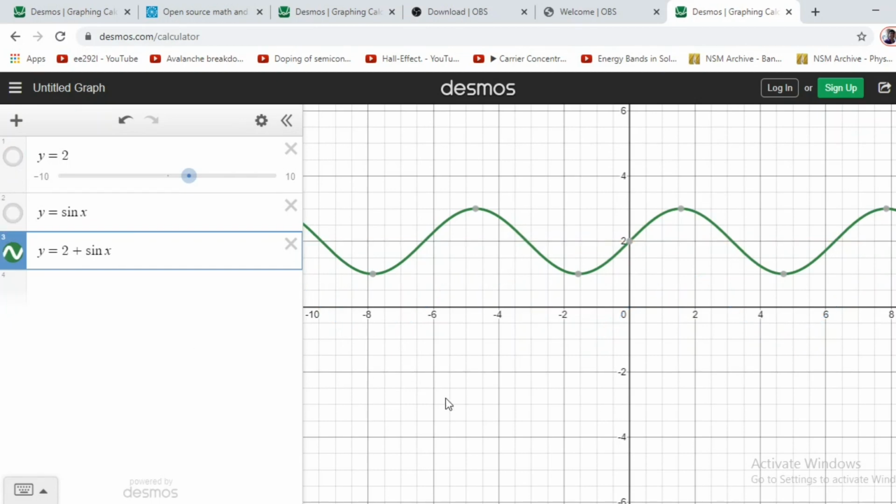I am removing x1 of t and x2 of t, so it is the x1 of t plus x2 of t signal. See, the peaks are 3 and 1. So thank you.